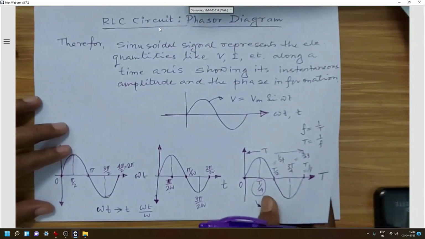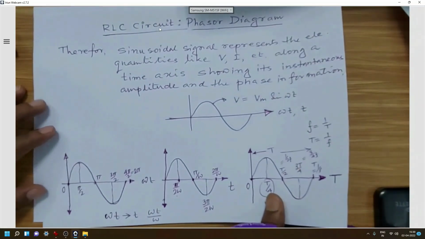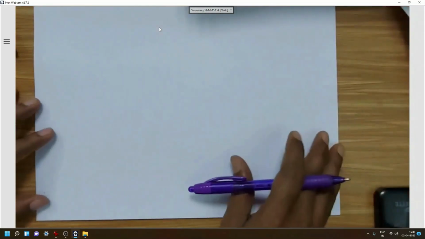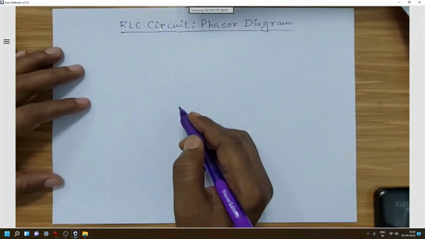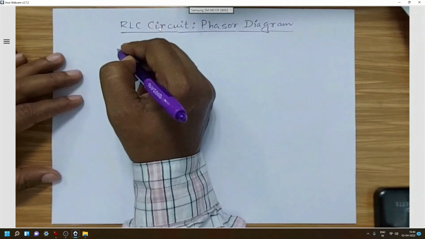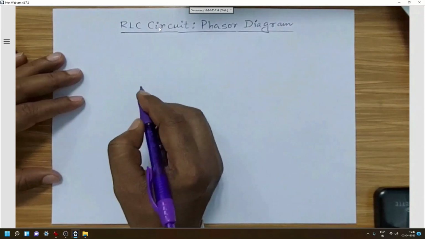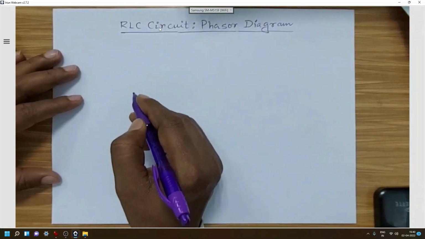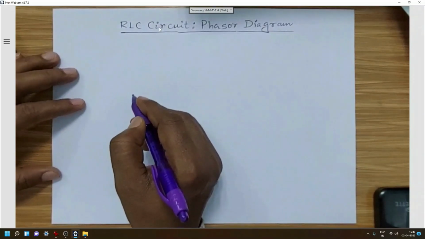So we can represent the horizontal axis either with omega t or time period, etc. Now, how is one sinusoidal waveform of any electrical quantity represented with its phasor diagram?